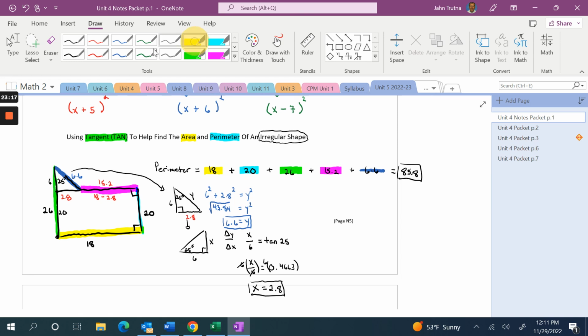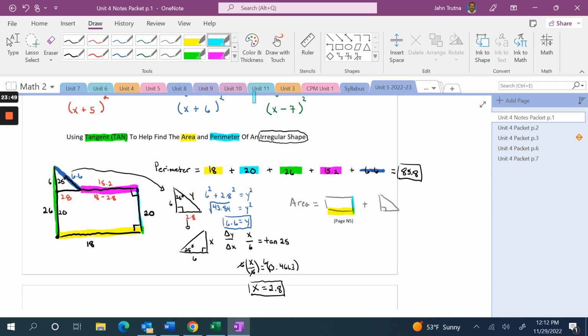All right, so to find the area now of the shape, what I have to do is my area is going to be the area of my rectangle plus the area of the triangle. So you're going to take the two shapes that are inside the shape, and you're going to find the area. Now, if you notice in the rectangle, the bottom part of the rectangle is the yellow.